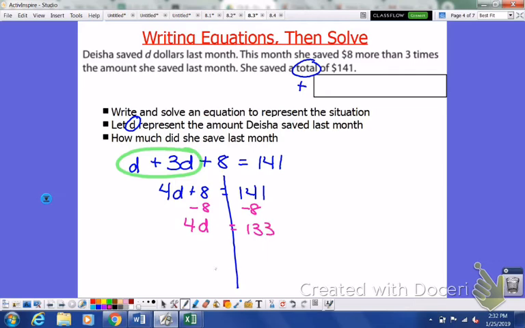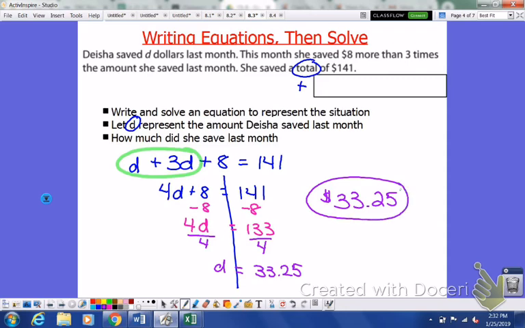The inverse of multiplication is division, so we're going to divide both sides by 4. So D equals 133 divided by 4, which is 33.25. It's asking how much did she save last month. Let D represent the amount she saved last month, so that is our D. Word problem, so we want to label. So $33.25 with our dollar sign. All right, there we go.